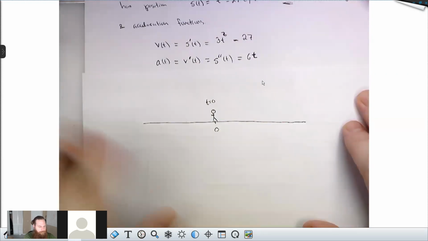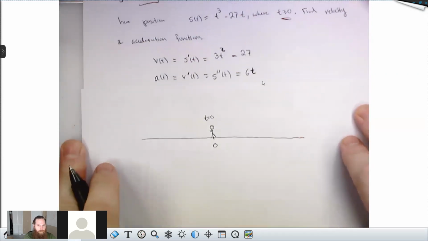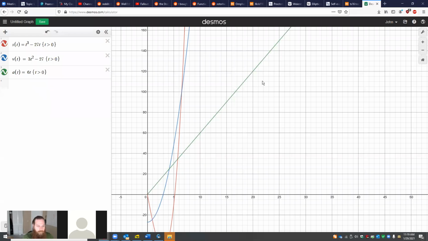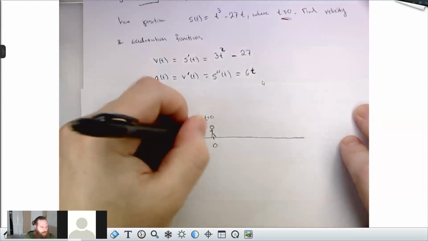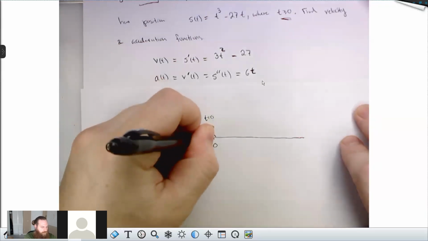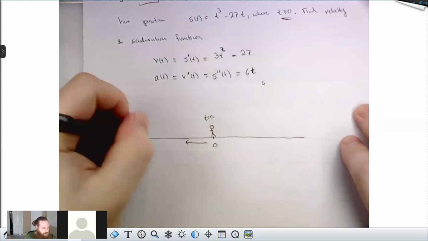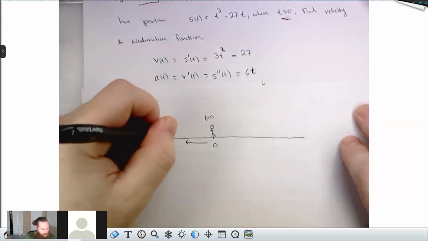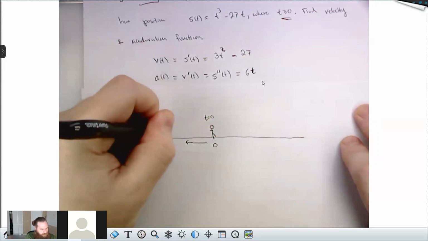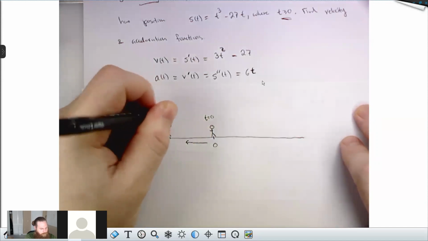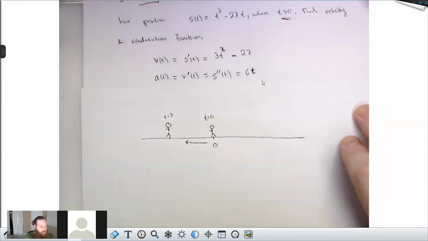And what's he doing? Well, we know that this velocity function starts off negative. So he's going to start off walking to the left until he reaches, at some point over here, he decides, I'm going to turn around. This is at time t equals 3, when the velocity is 0.